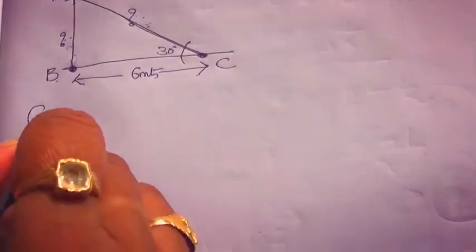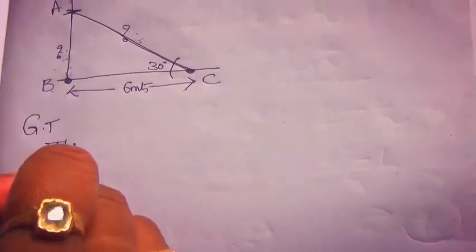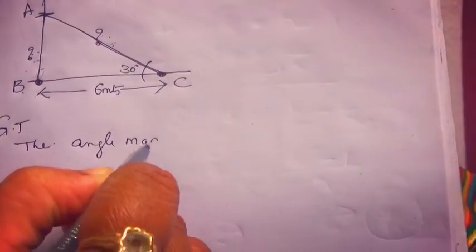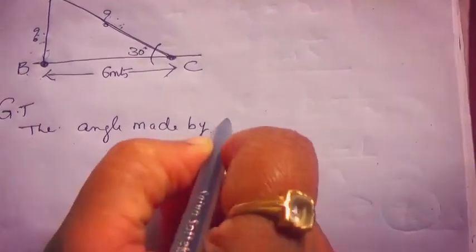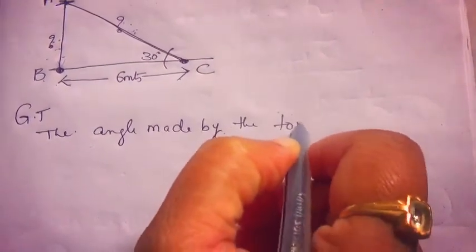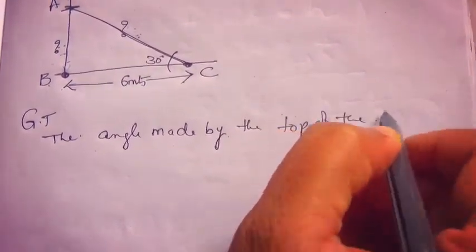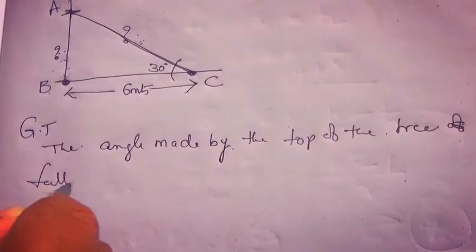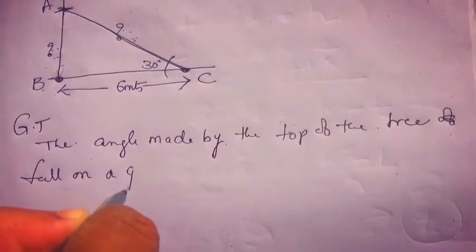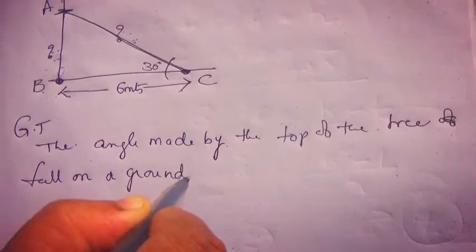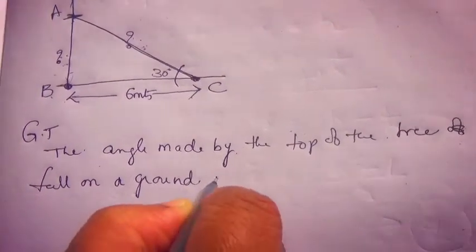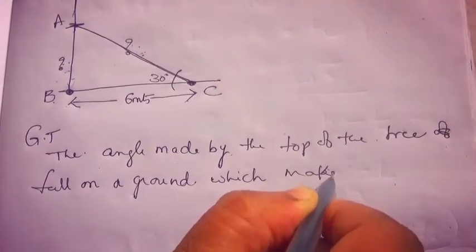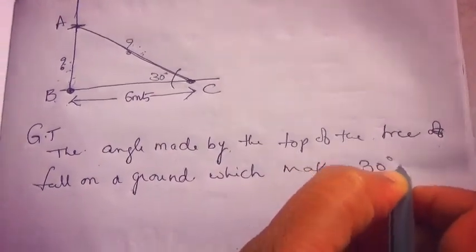Given that the angle made by the top of the tree, which falls on the ground, is 30 degrees.